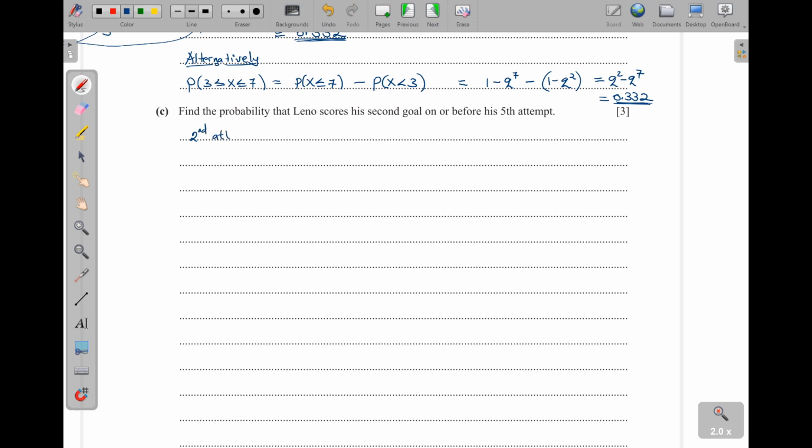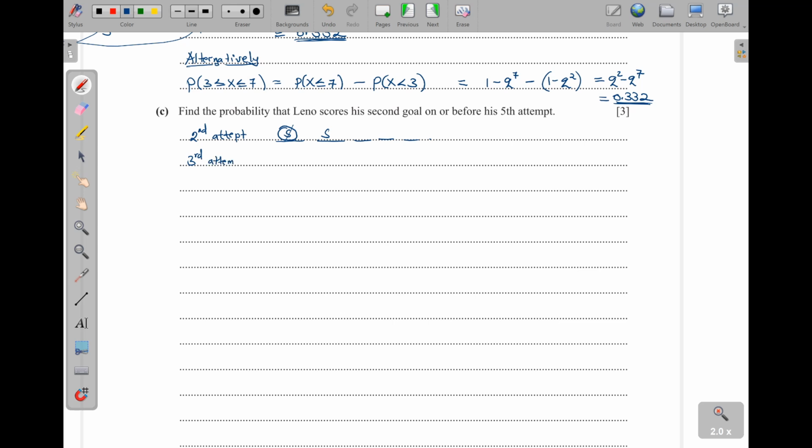Suppose it is scored on the second attempt. So meaning here the goal is scored on the first attempt, then scored on the second attempt. This is 1, 2, 3, 4, 5. Then let me also consider the third attempt.